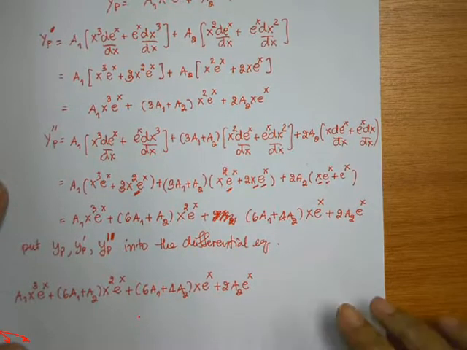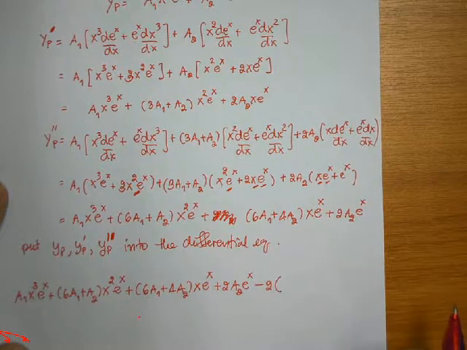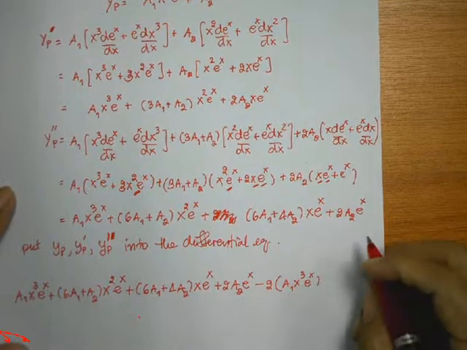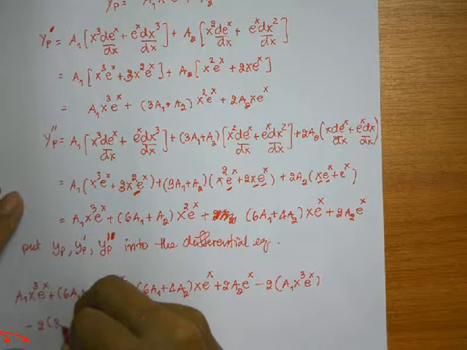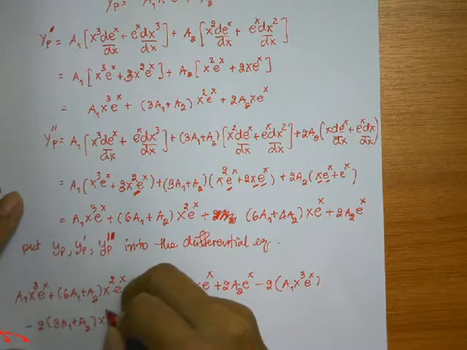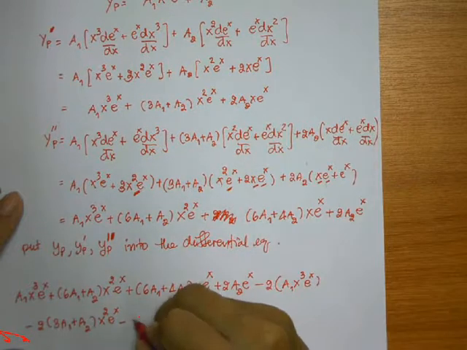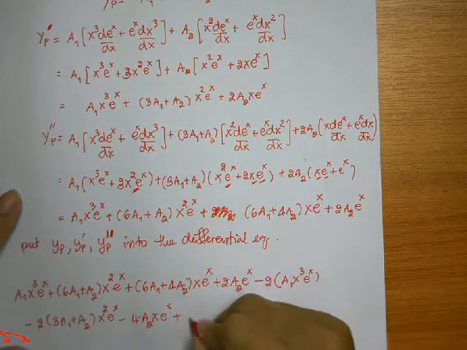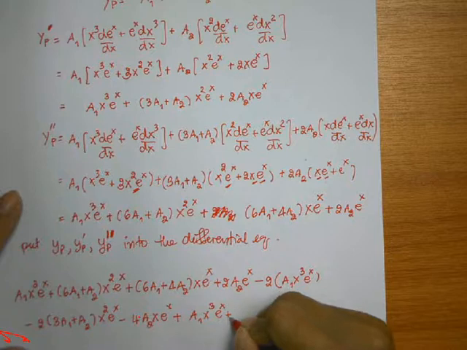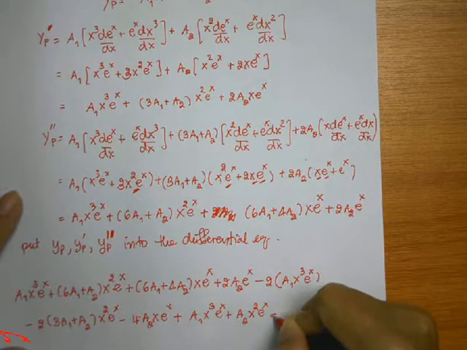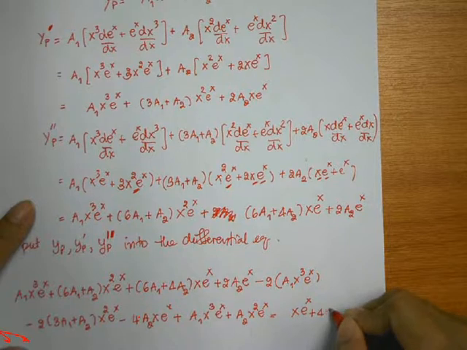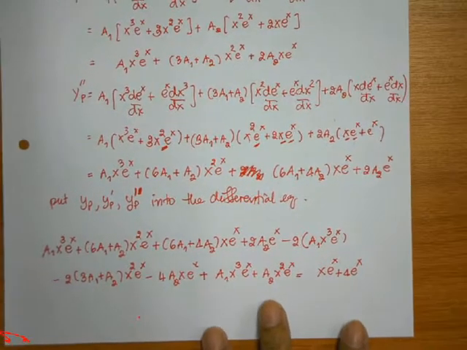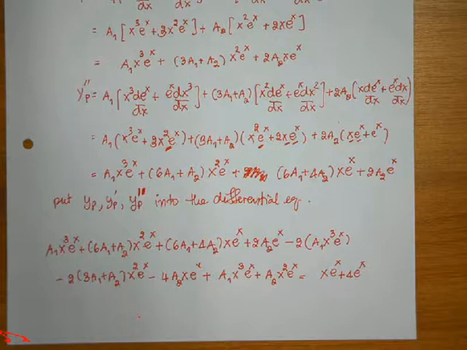That is the first term, minus 2 times the first derivative, which is a1, minus 4, and then plus y, which is equal to, quite long, but it's not.